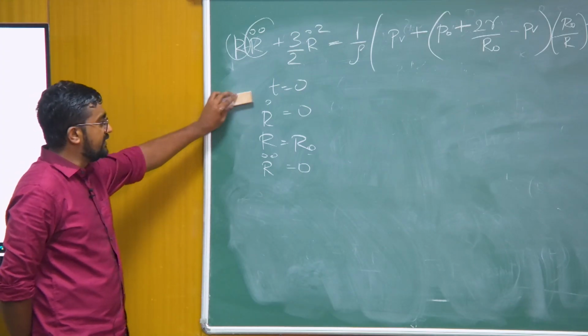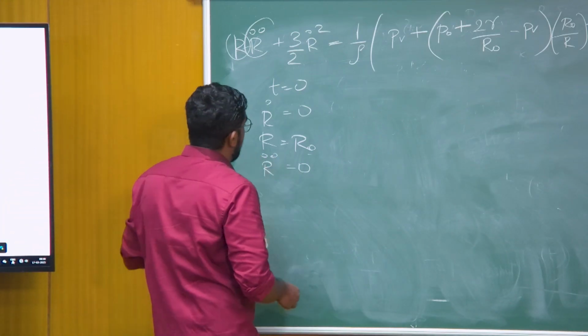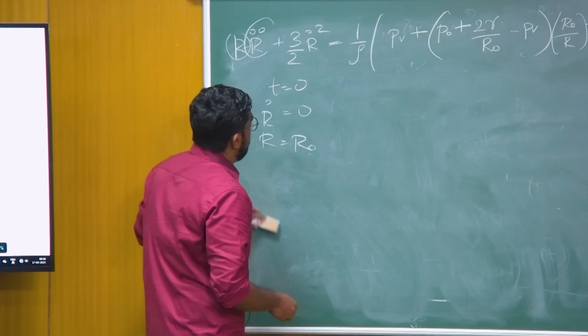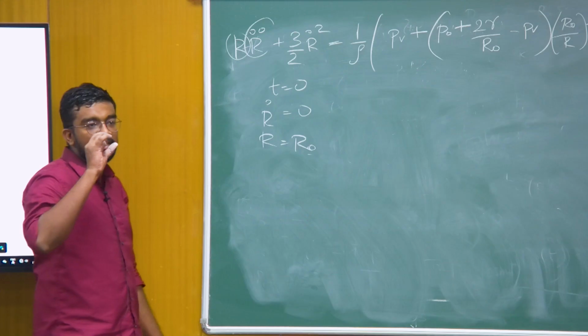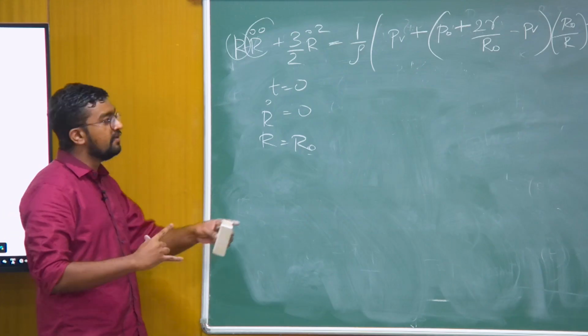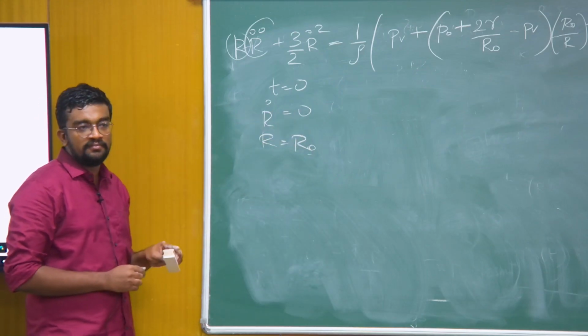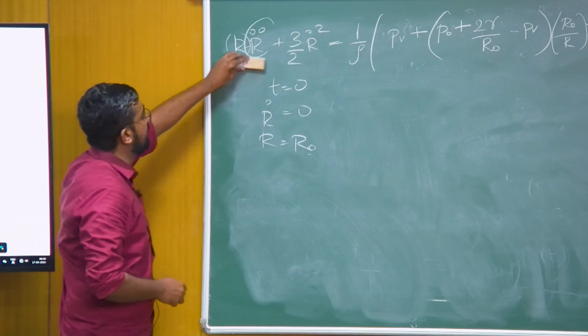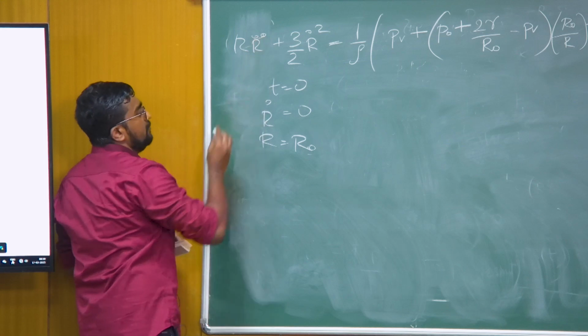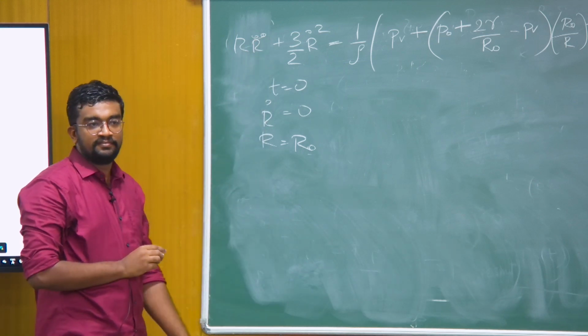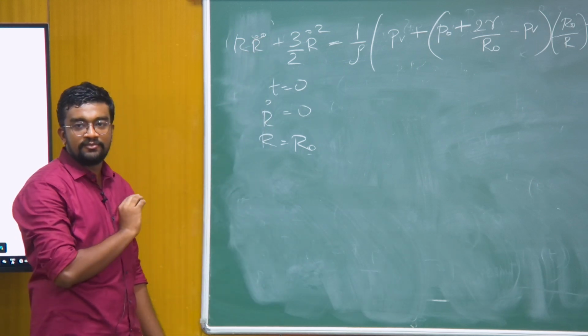So, remember these initial conditions, initially R is equal to R naught and R dot is 0, which means the bubble is initially at rest, and then you are applying the PA sin omega t. So, this is our equation that we need to solve, R double dot. Clear so far?